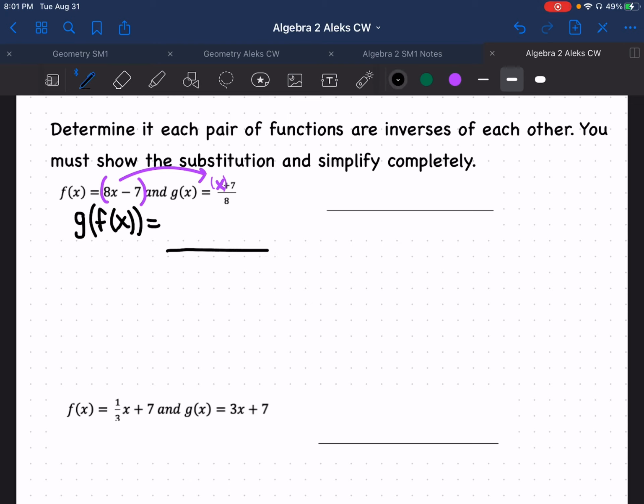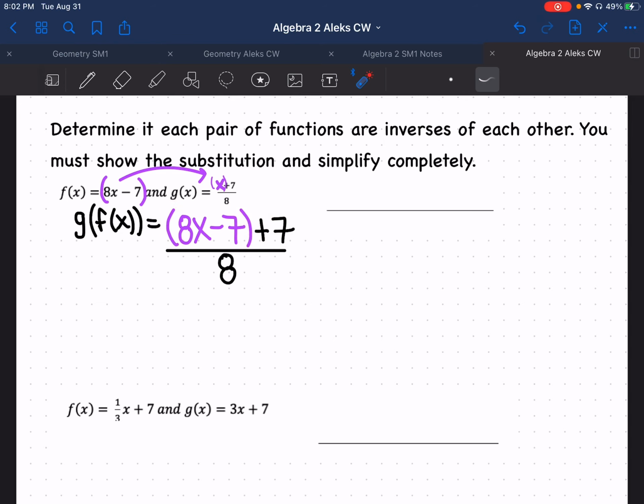I'm going to keep my fraction, just like so, but instead of putting x, I'm going to place in here 8x minus 7. Now, the parentheses are not for distributing. This is not distributable because it has a plus 7.